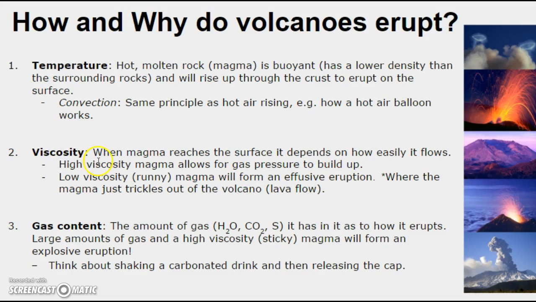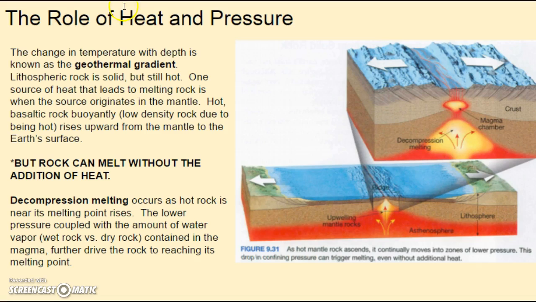So the viscosity is a silica content, and therefore a gas content. The amount of gas it has is going to determine the nature of the eruption itself. So large amounts of gas and high viscosity form these game-changing, caldera-forming eruptions. And these are what we'll be looking at, in terms of how they have changed and shaped biological evolution.